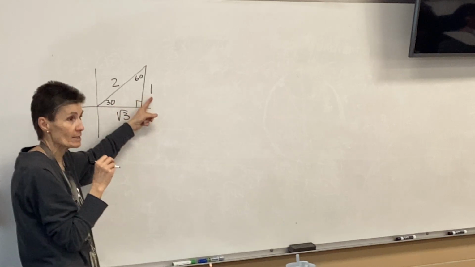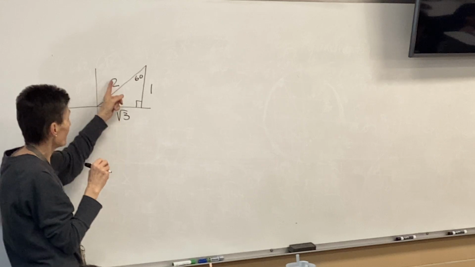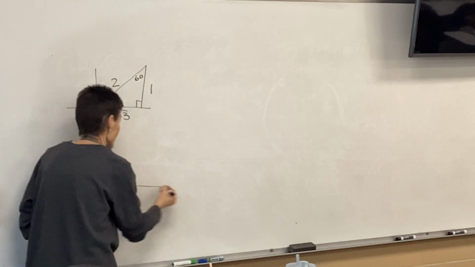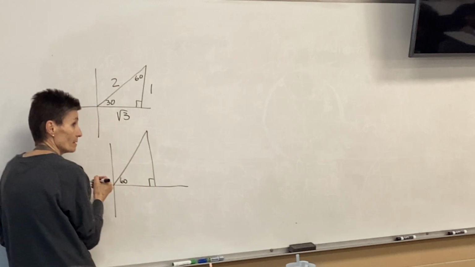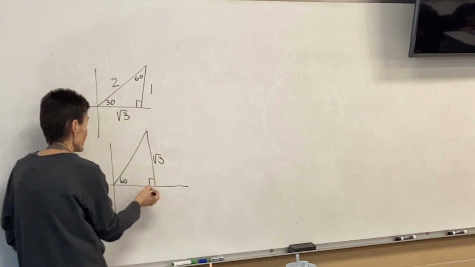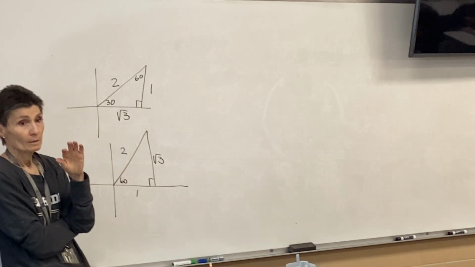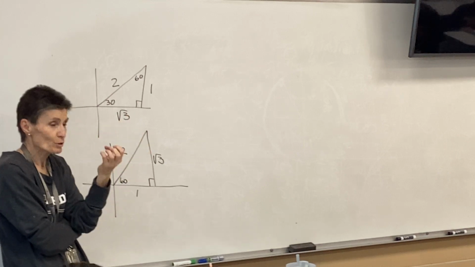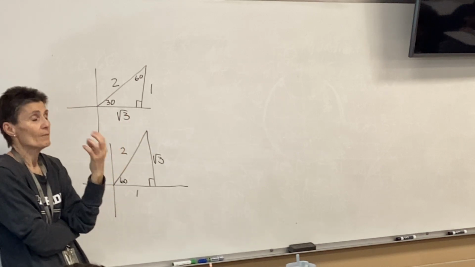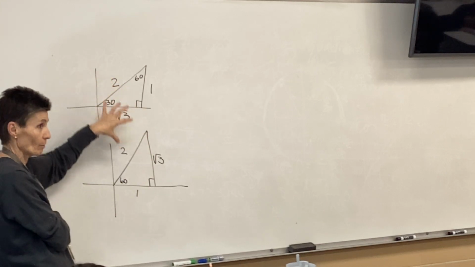Across from the 30 is 1. Across from the 60 is root 3. And the hypotenuse is 2. Now, the same triangle situated like this would have the root 3 over here, the 1 here, and the 2 here. That's presumed knowledge. You're supposed to know that a 30, 60, 90 has sides in this ratio.